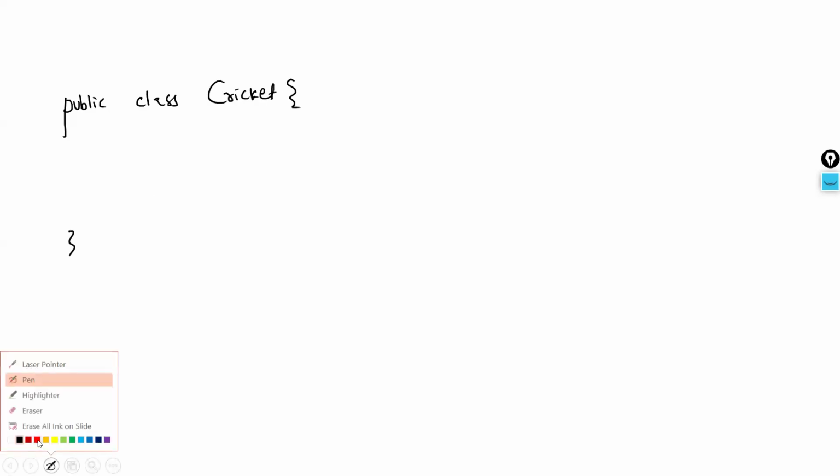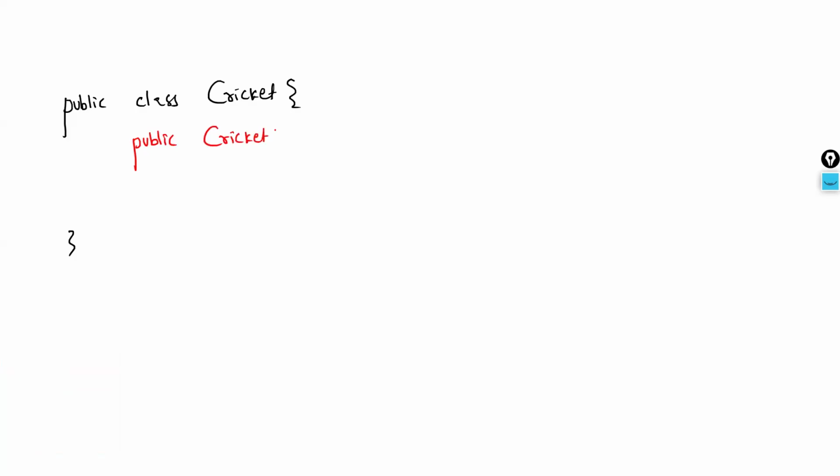Then one more question. Public class Cricket, same thing. Inside this class, as a programmer, I am writing one constructor. Access modifier public, then constructor name same as class name, then parentheses, then semicolon.